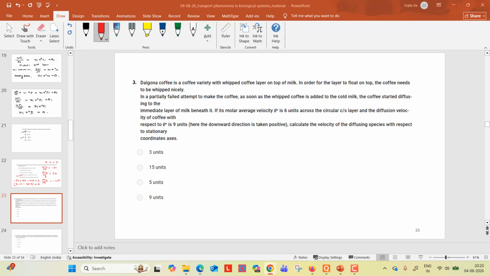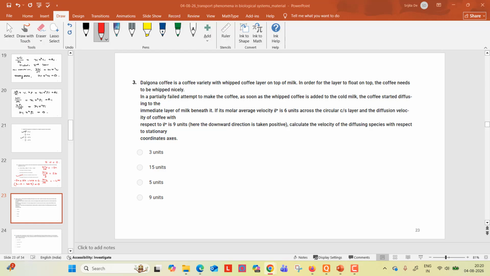Dalgona coffee is a coffee variety with a whipped coffee layer on top of milk. In order for the layer to float on top, the coffee needs to be whipped nicely. In a partially failed attempt, as soon as the whipped coffee is added to the cold milk, the coffee started diffusing to the immediate layer of the milk beneath it.